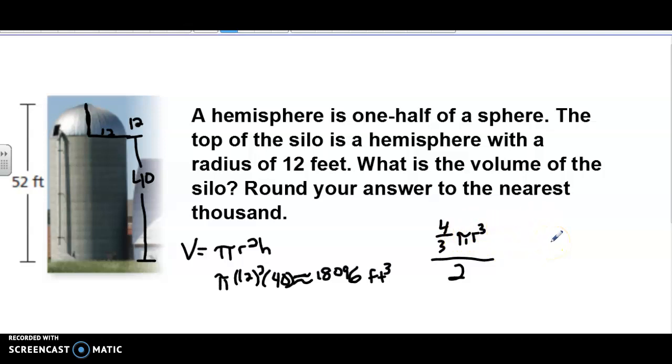In my calculator, I am going to do 4/3 times pi times 12 to the third power. And I get 7,238.22. I'm going to divide that by 2, and I get 3,619.